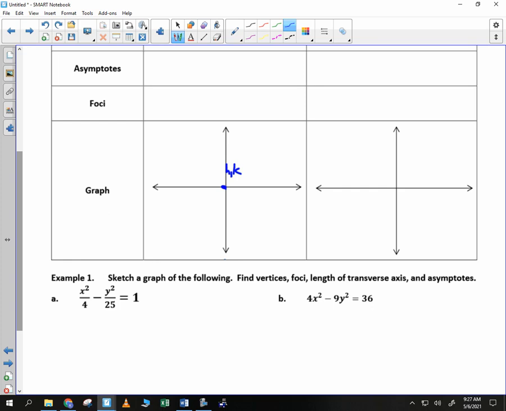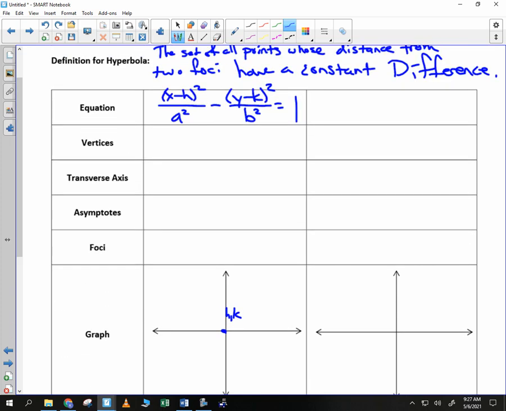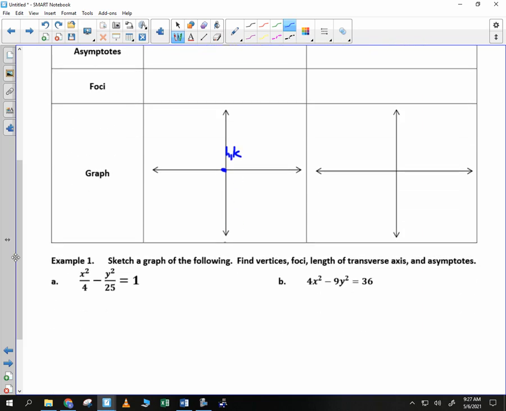I like this idea. For the box, how many units do you think we're going to go in the x direction? A. How many units do you think we're going to go in the y direction? Exactly. So I'm going to make a box where this dimension is a and this dimension is b.